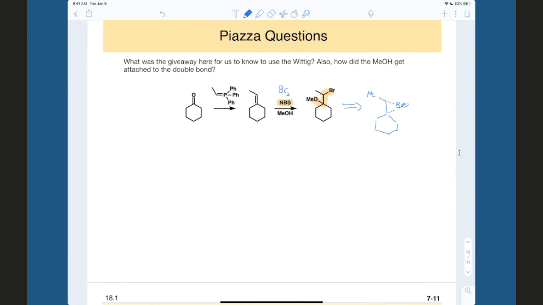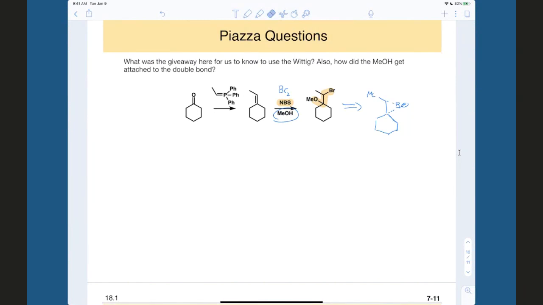In which we're going to have bromine and methanol added to the double bond. And with methanol as a solvent, there's going to be a lot of methanol around. We know that the bond is going to weaken towards the more substituted carbon because it's going to be better at stabilizing positive charge.